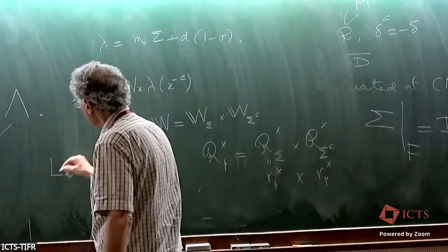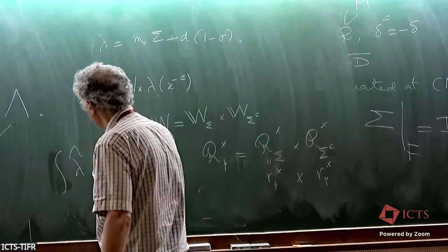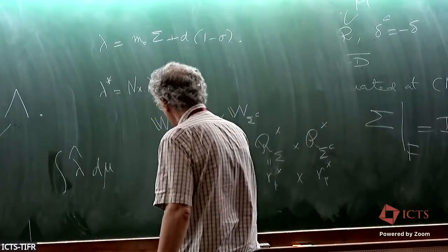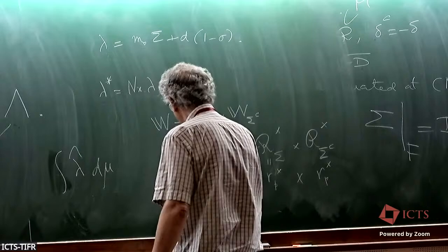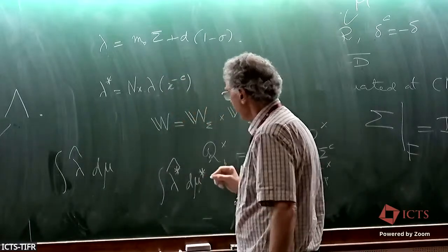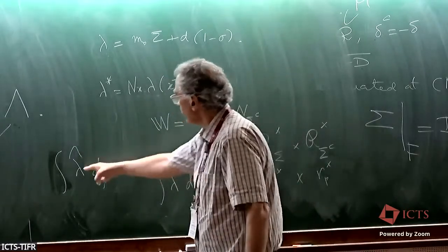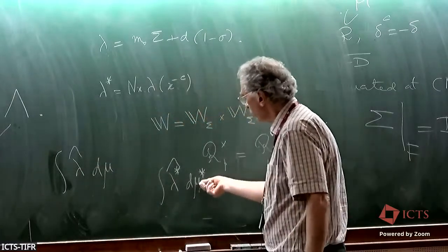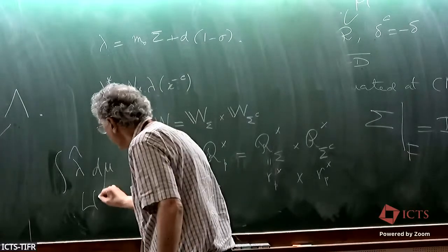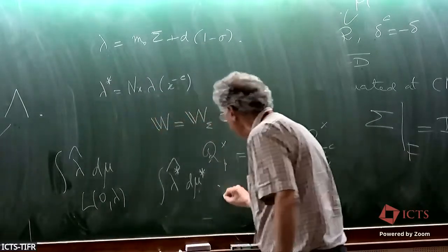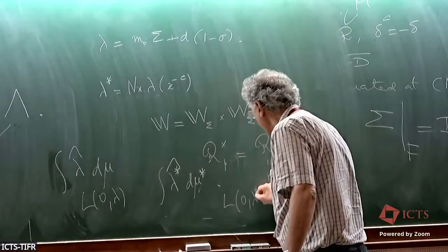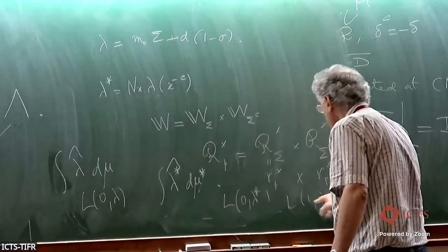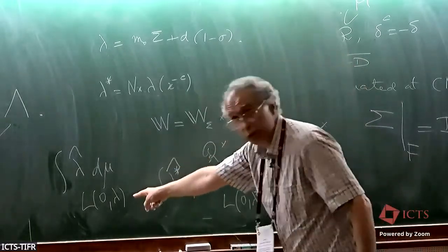So you had the notion of integrating lambda hat d mu and integrating lambda star hat d mu star. Of course this interpolates the L0 lambda, and this interpolates the L0 lambda star, but these are the L1 lambda minus 1, and so it's related to this by functional equation.